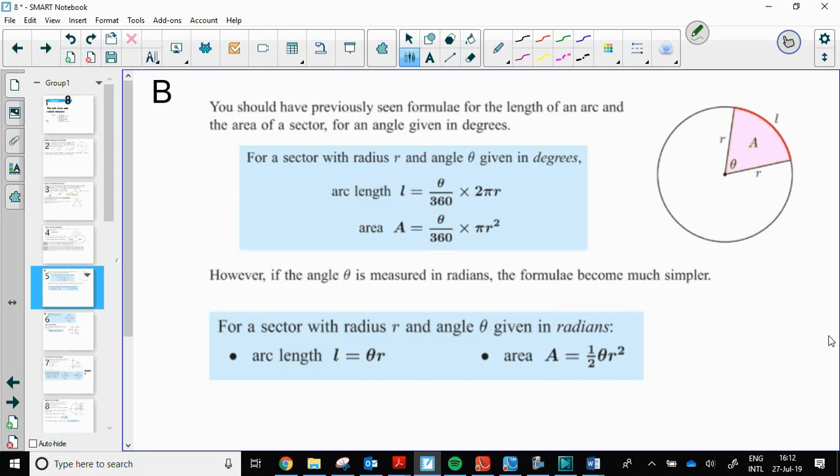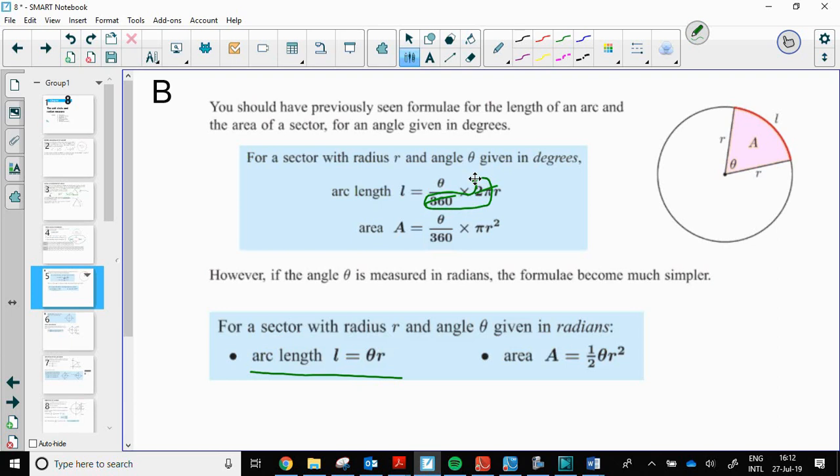Now, I said in that original video that the formulas were way nicer once we have radians, and that's true because we know from our conversion on the previous page that 2 pi radians is equal to 360 degrees. So those two terms can just cancel out if we're thinking in radians, leaving us with arc length is equal to theta times the radius.